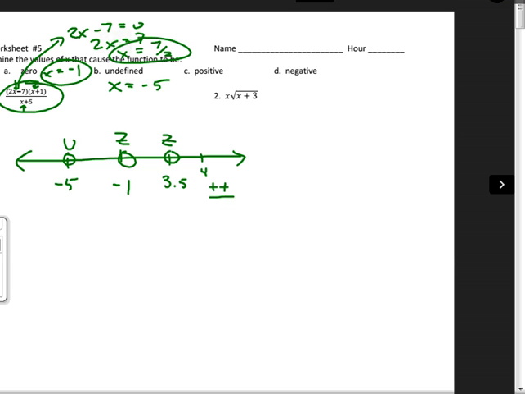Positive, positive over positive. That's called a sign chart. Just signs, no numbers. Positive, positive over positive, of course, leads to it being positive in there, which means that it's positive between 3.5 and infinity. How about the 3.5 itself? Is it positive there? No, it's a what? It's 0 there. Okay. All right, so it's positive between 3.5 and infinity.